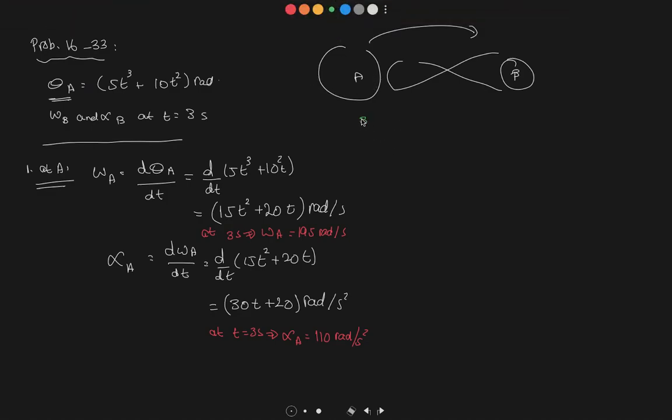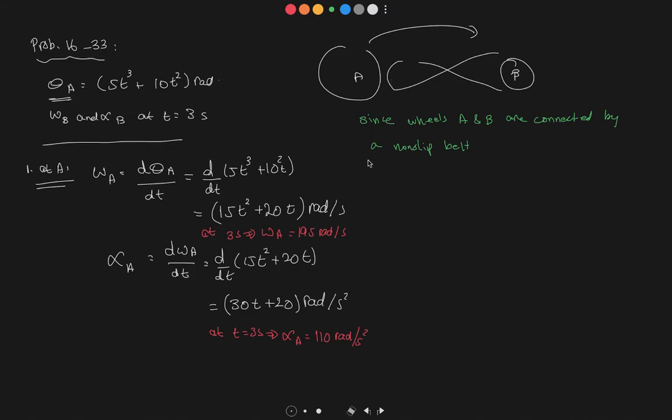Now, since we know for a fact that pulleys A and B are connected by a non-slip belt, this acts as if there were two gears with a mesh point here.